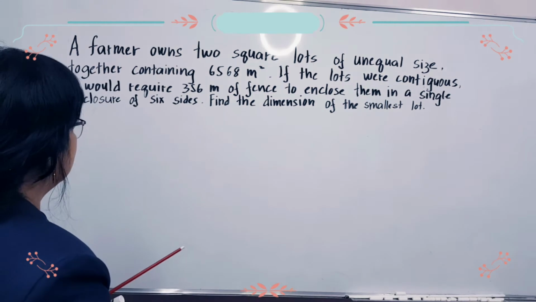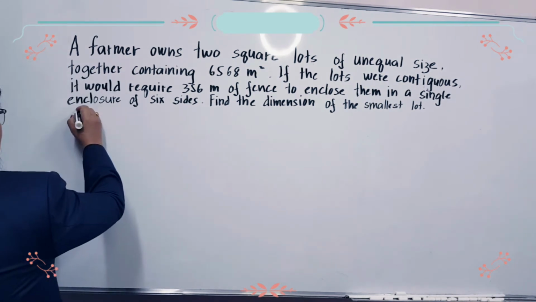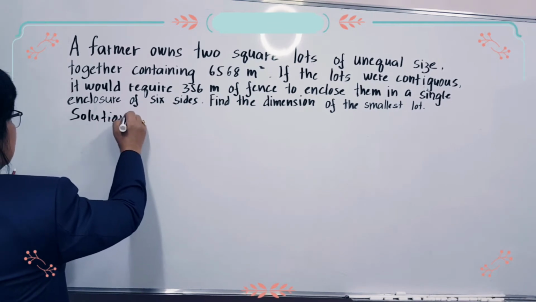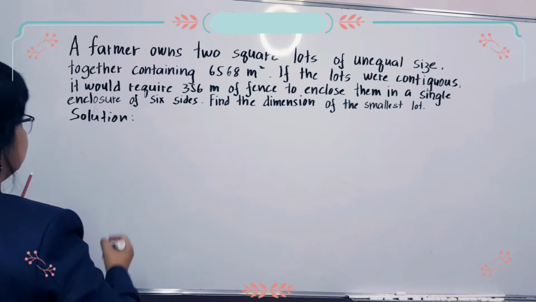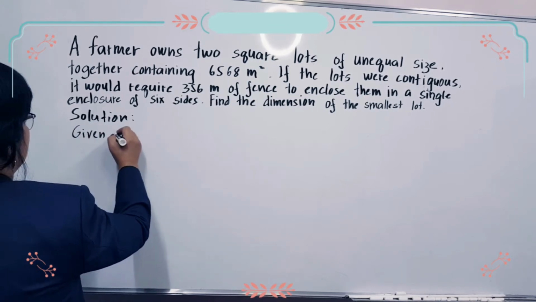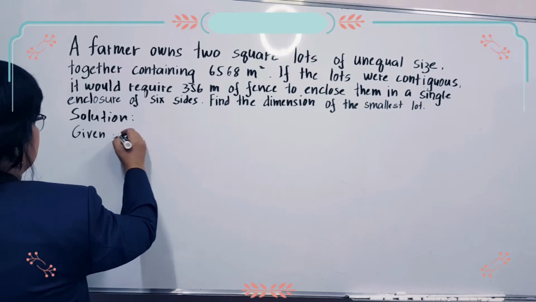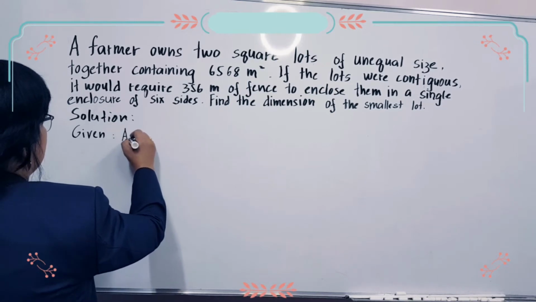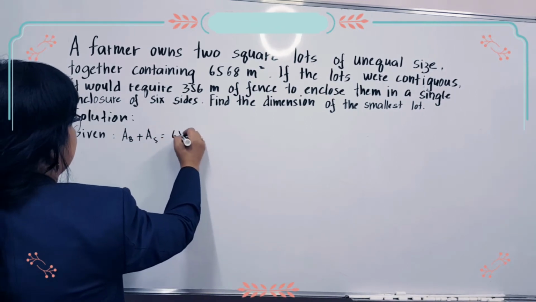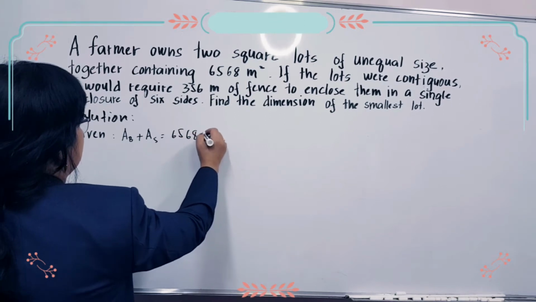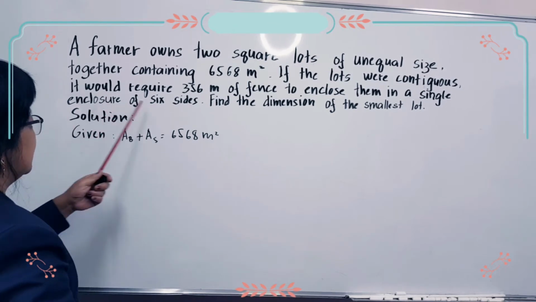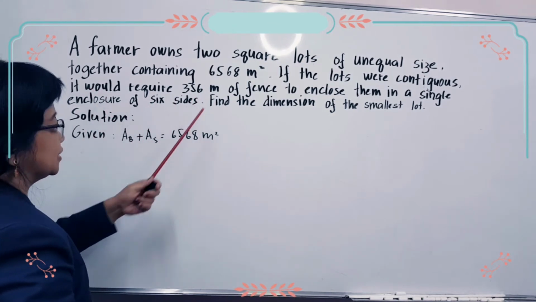So, to solve this one, of course, you have to make the rough sketch first. For example, what is given here? The total area of the 2, which is equal to, for example, the area of the big plus the area of the small equals 6568 square meters, and it would require 356 meters of fence.